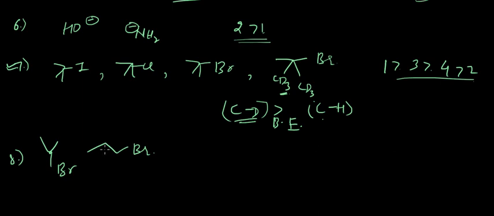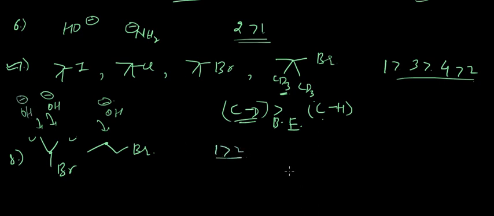If you just look at this, in this case the incoming base also has more steric hindrance at this carbon atom, and also fewer options, because in this case OH can directly go either to this carbon atom or this carbon atom, and steric hindrance is also less, hence the rate of 1 would be more than 2.